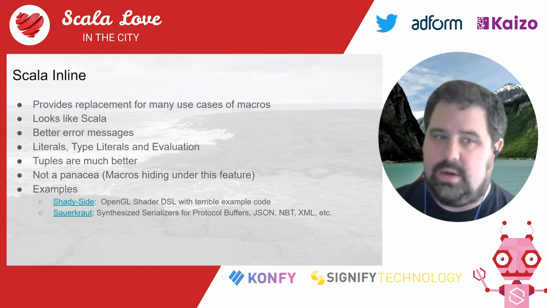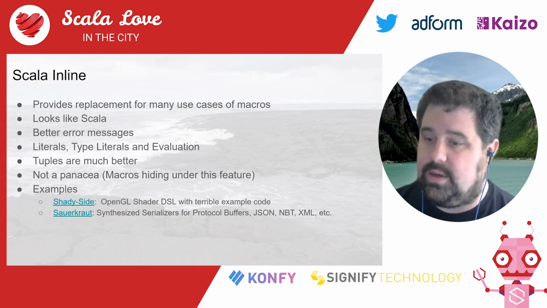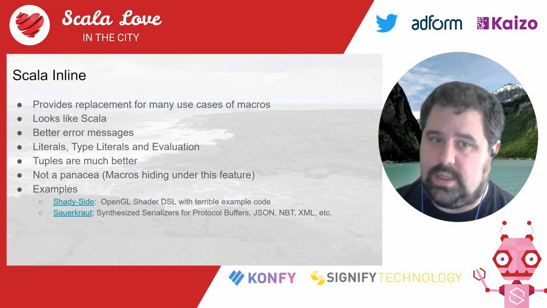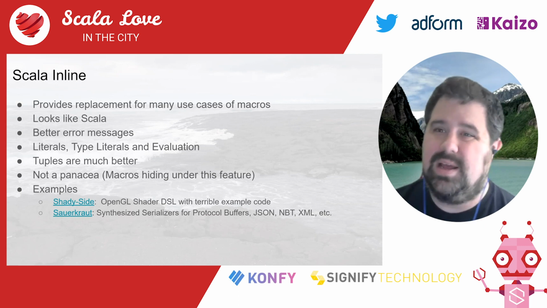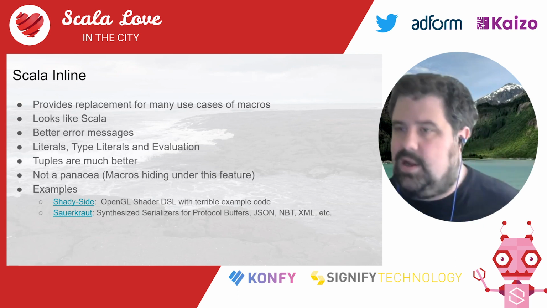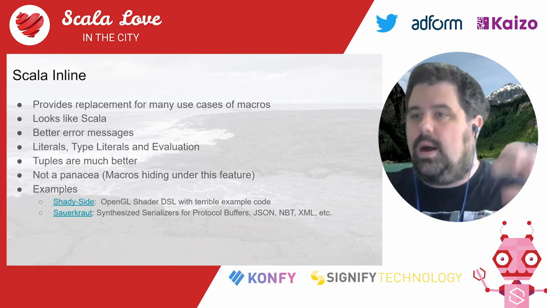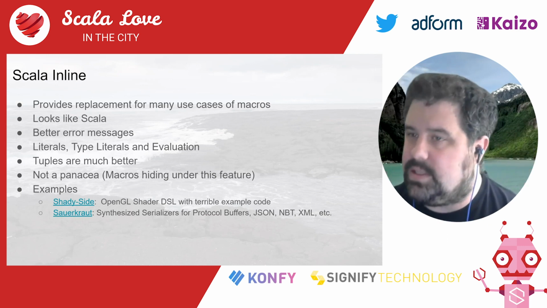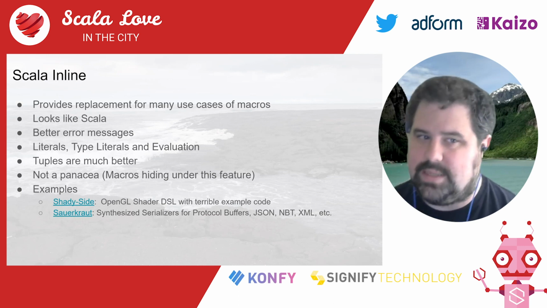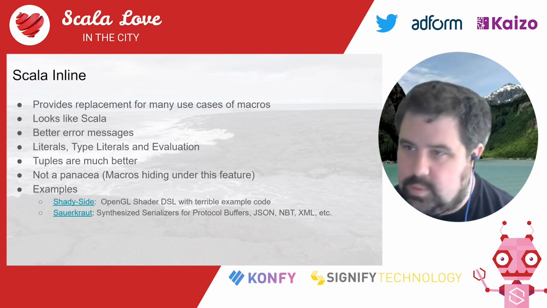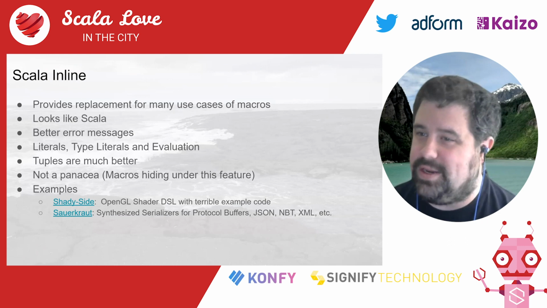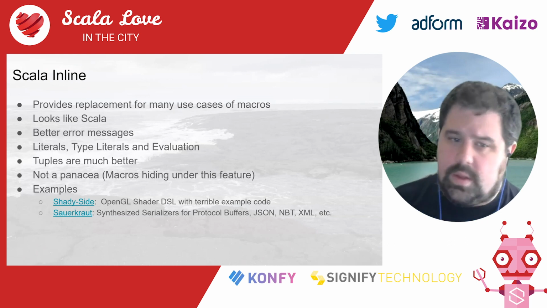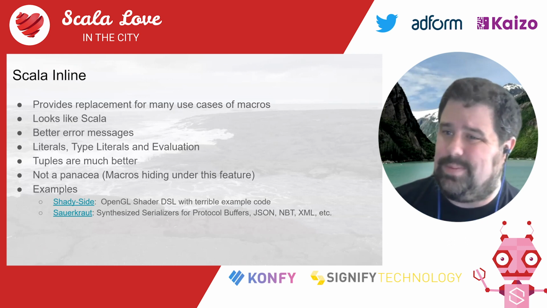Another thing that we learned here is that tuples in Scala 3 are freaking awesome. They really did a good job fixing tuples. There's a few advanced higher kinded use cases if you're trying to do a type match across a whole tuple. It gets a little funky at times to do the compiler gymnastics, but we didn't need to. We just did it for fun and ran into it. The other thing I want to throw out is Scala Inline is not a panacea.